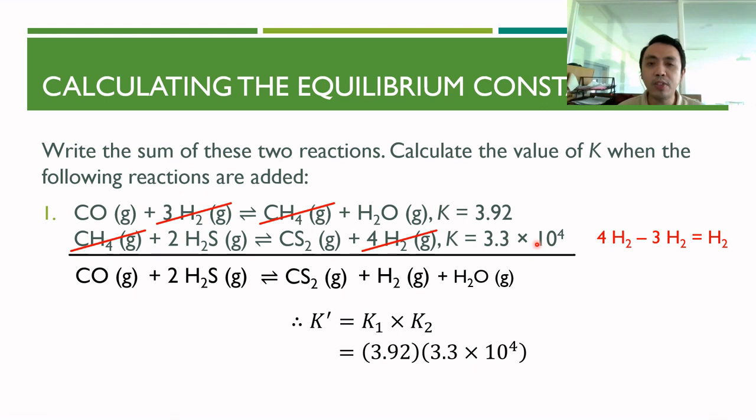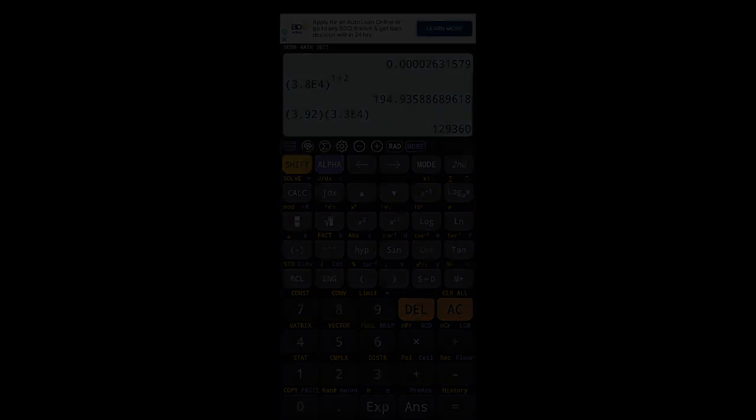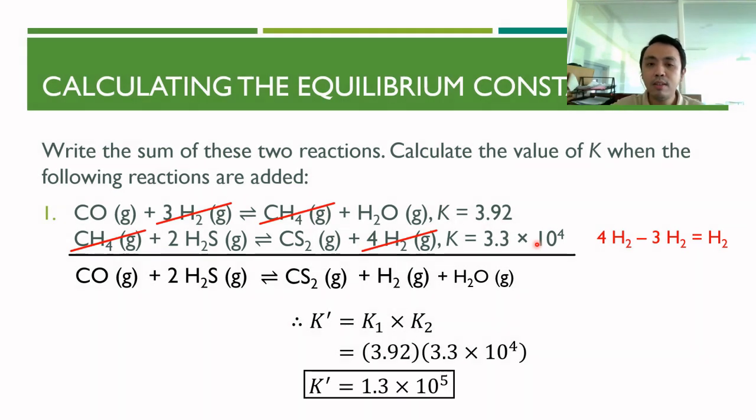Getting our calculators now, we can compute the value of K prime. K prime is equal to 1.3 times 10 to the power of 5.